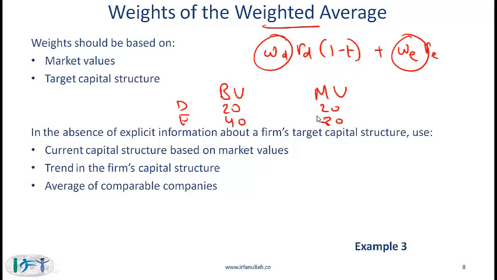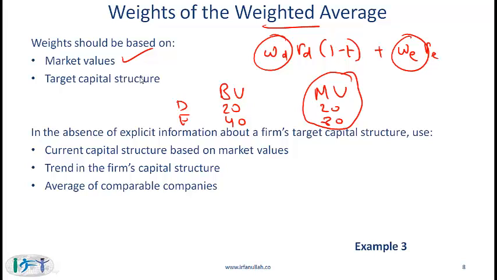So what are the weightages that you use? Answer is that you have to use market values, because market values represent the economic reality. So simple point, use market values when you come up with the weightages.